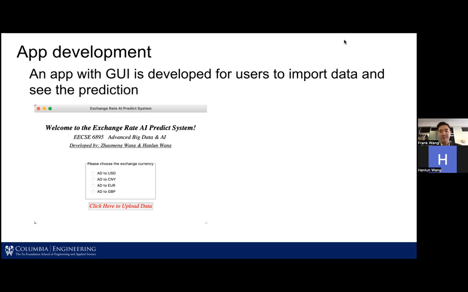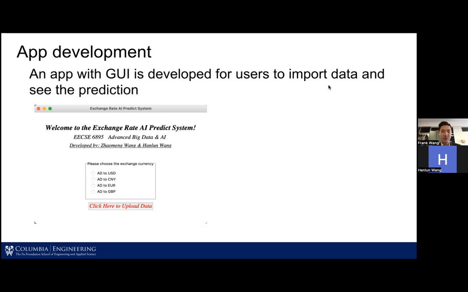They don't have a background in programming, coding, or machine learning. So we added a graphical user interface to our application, trying to help users actually use our project to do the prediction.